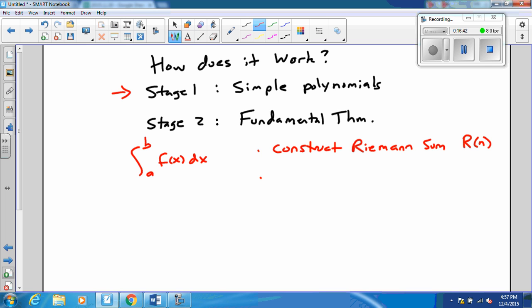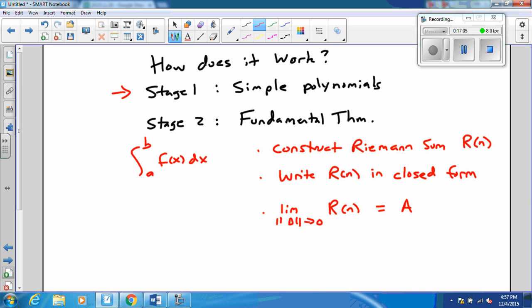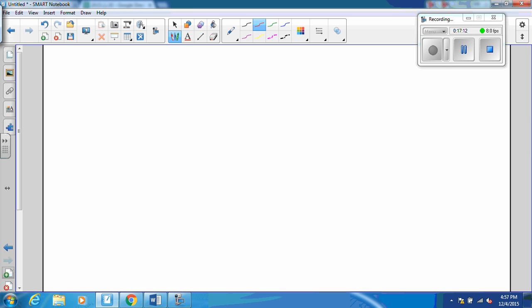And then, having constructed the Riemann sum in terms of an arbitrary number of rectangles n, once I've constructed that sum, I'm going to write the Riemann sum in closed form using our popular summation formulas that we talked about at the beginning of the lecture. And then, having done so, I'm going to let the mesh size shrink to 0, and that's going to give us our area. That's the plan. Let's see how this actually works out.